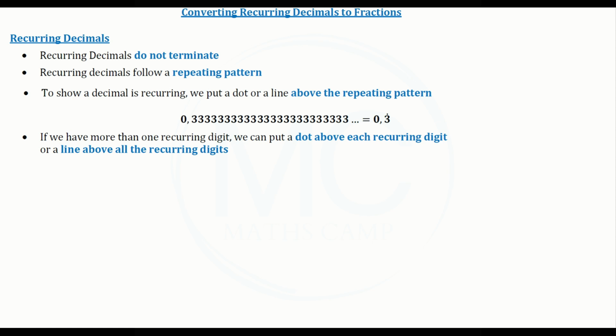So in the case of 0,121212 and so on, we can either put a dot above the 1 and a dot above the 2, like this, or we can put a small line above the 1 and the 2. When working with decimals with a large number of recurring digits, it is always easier and quicker to use a line. So 0,456 recurring will look like this.